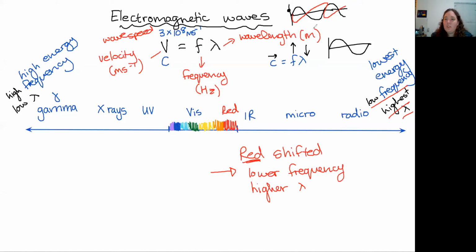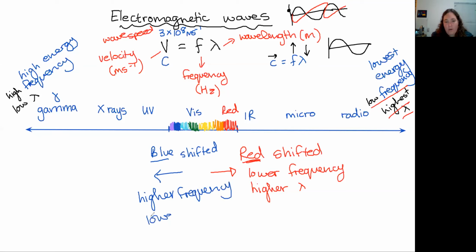Anything that is blue shifted, don't ask me why it's blue and not purple, will have a higher frequency because it's on the high frequency side, and a lower wavelength.